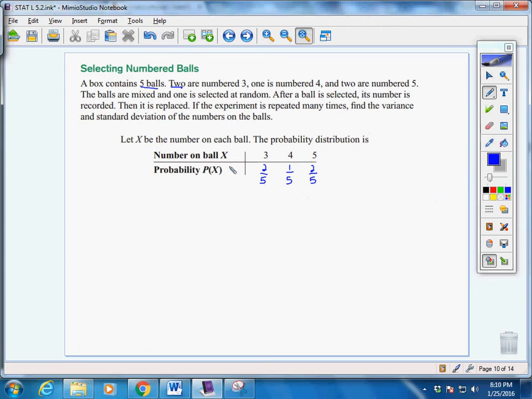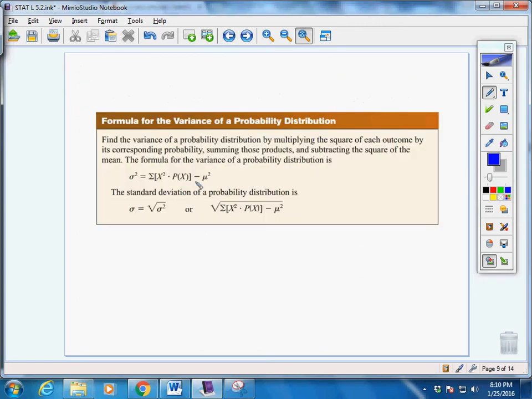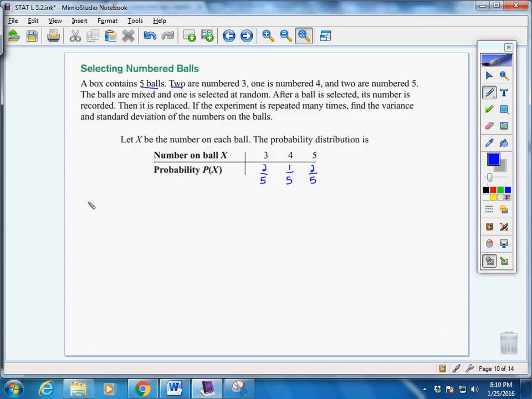So again, if we go to our formula, and I'll rewrite this in a second, we still need to find the mean. Whenever you do these, start out by finding the mean. To review, the formula for finding the mean of a probability distribution is the summation of our events times the probability of those events.